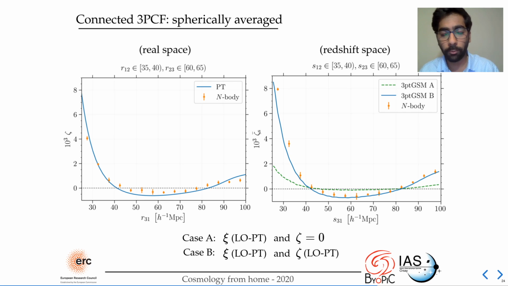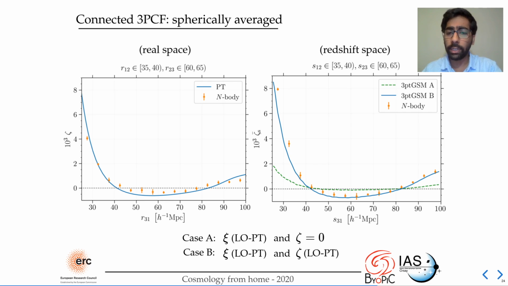The blue solid line gives the 3-point Gaussian streaming model for case B, where case B again is that theta, the input real space correlation function for 2-point and 3-point, comes from the leading order in perturbation theory, while case A is basically using the 2-point correlation function at leading order in perturbation theory and setting theta, or the connected 3-point correlation function, to be 0.